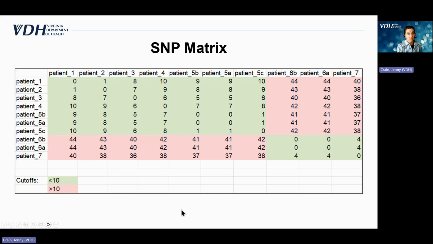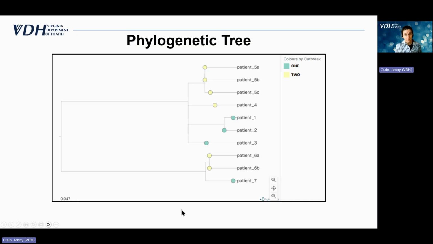So pay attention to that when you get to the phylogenetic tree and you are evaluating genetic relatedness here. Colors indicate which isolates were associated with which outbreak based on the epidemiologic investigation. So outbreak 1 is green, and when you look at your line list, that will be also outbreak 1, patients that were associated with that investigation, and yellow will indicate the patients and isolates that were associated with the second outbreak investigation.